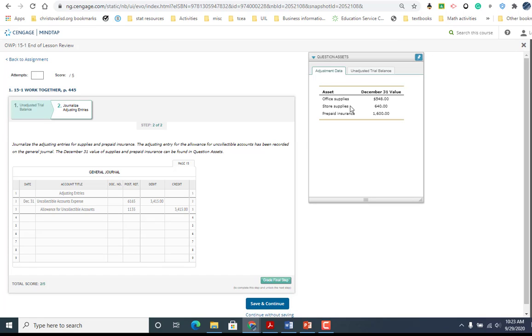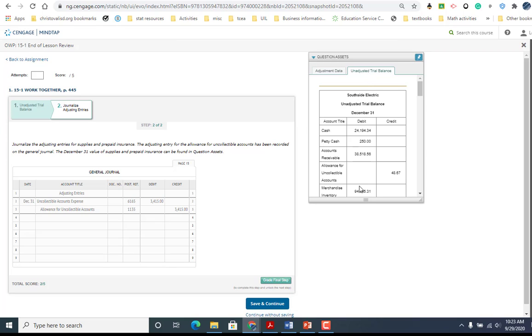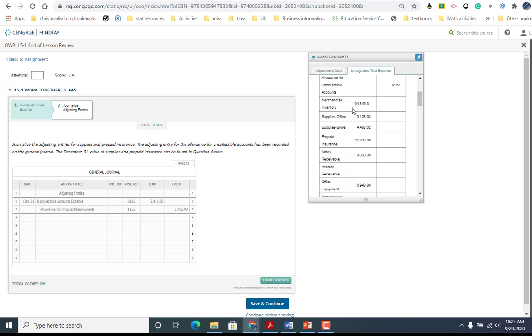So office supplies is our asset account. And remember I said your asset account is going to be the credit account in this case, as we are offsetting it. And the expense account is going to be your debit. So let's find out the difference between office supplies. It says office supplies was $3,108.08.